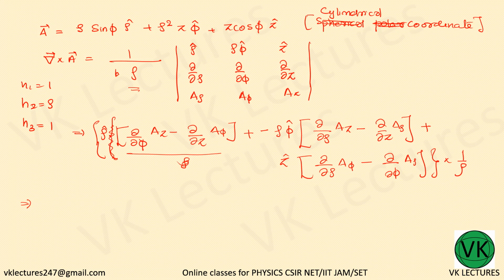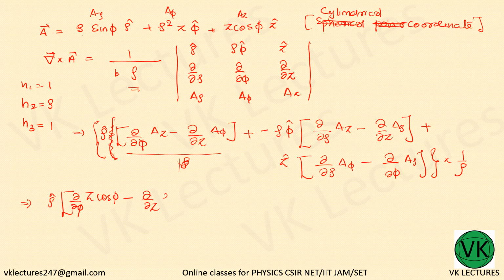Rho cap into dou by dou phi of A z. What is A z? This is A rho, this is A phi, this is A z, so z cos phi, minus dou by dou z of A phi, what is A phi?